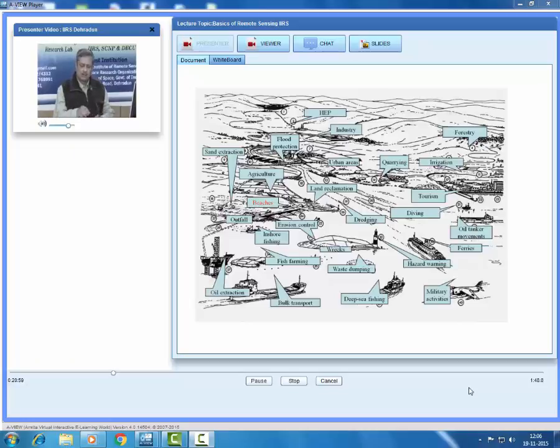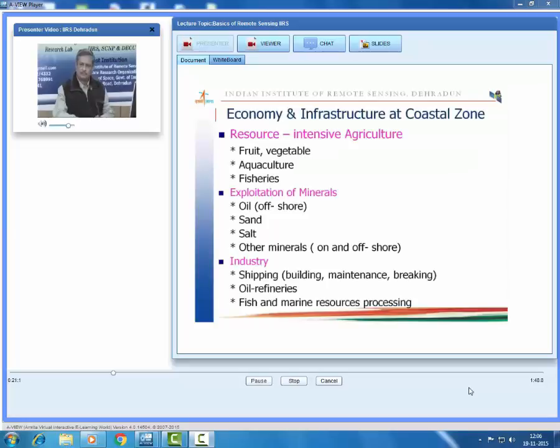the pristine coastal ecology. Now, if we try to divide all the activities on the coast, we can see that there may be intensive agricultural areas, fruit, vegetable, aquaculture and fisheries.